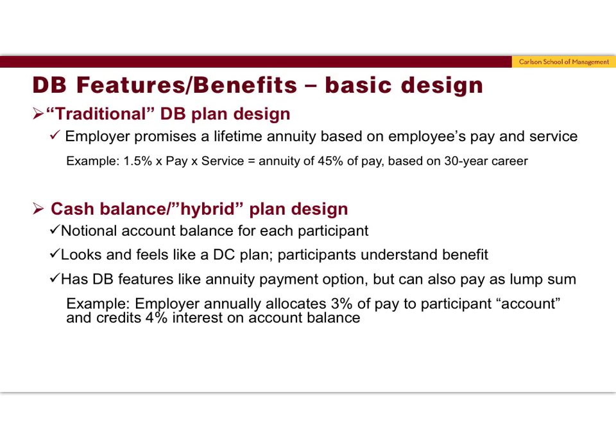It's often claimed that participants understand cash balance benefits better because they're communicated as an account balance, but it really highlights how poorly employees understand the significant value of a traditional DB plan annuity. Cash balance plans do have DB features like an annuity payment option, but the balances can also usually be paid as a lump sum.